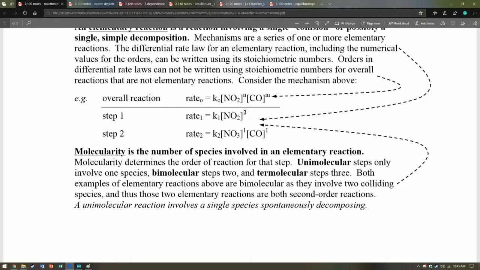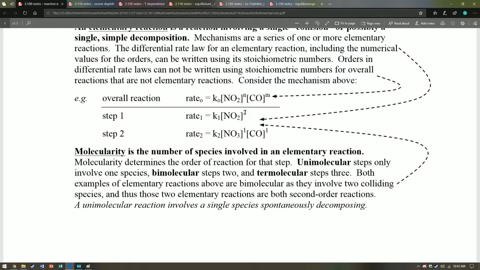So, a second order reaction is bimolecular. A unimolecular one is first order, and a termolecular is a third order reaction. So it involves the number of species involved in an elementary reaction.